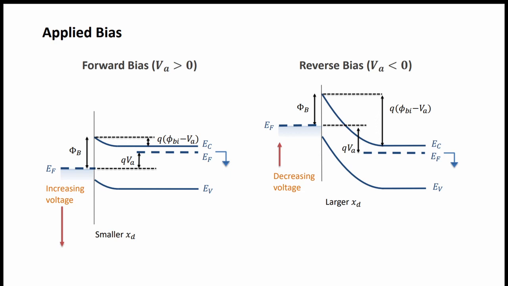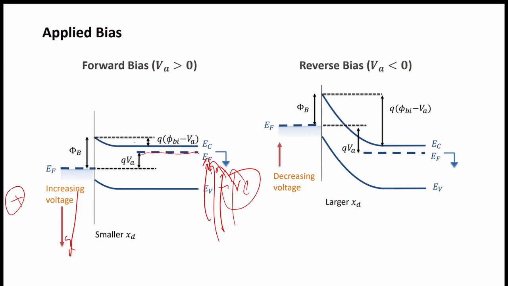As we apply the forward bias, V is greater than 0. It will increase the electron energy. On this side it is negative, on this side it is positive. So if we increase the voltage, this will go up, because it will increase the electron energy. The Fermi level will move up along with the bands.